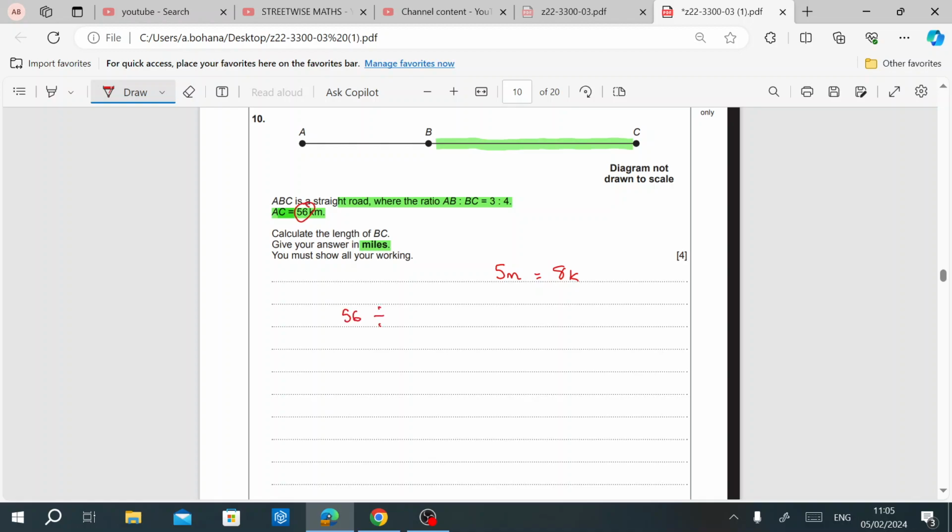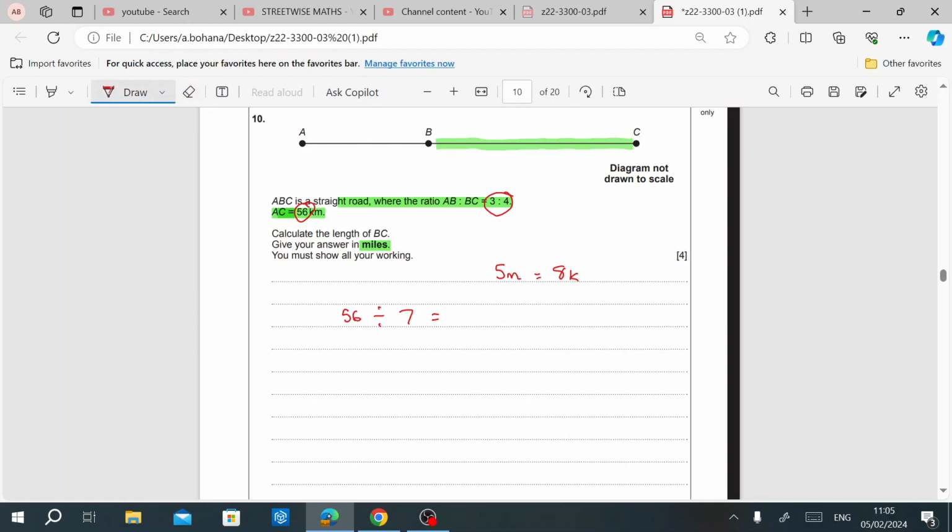Divided by the ratio added together. 3 plus 4 is 7. So the answer to that is going to be 32k. So what we're going to do now is, hang on a minute, I've just realised I've done something wrong there.